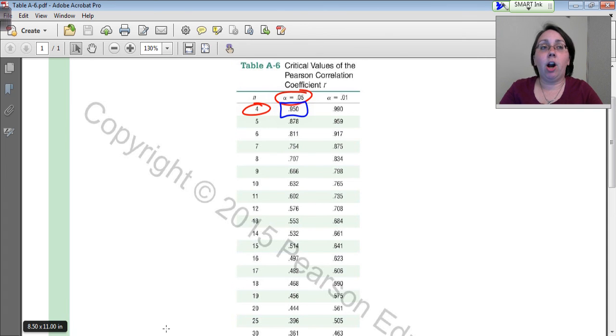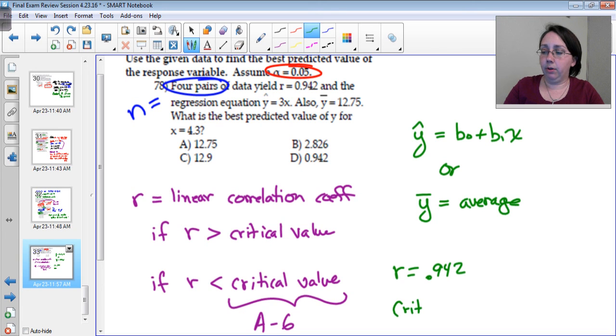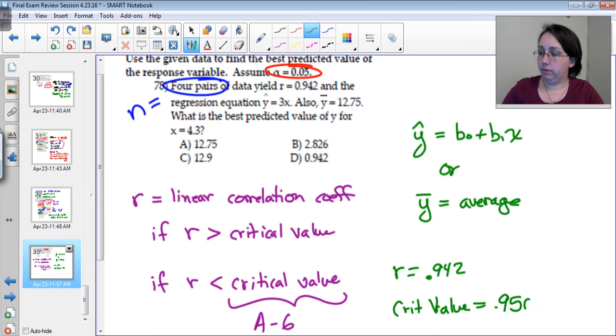So we're going to compare our R value to this critical value. So for our purposes, R was 0.942, and our critical value was 0.95. Now, that's how you find the critical value.